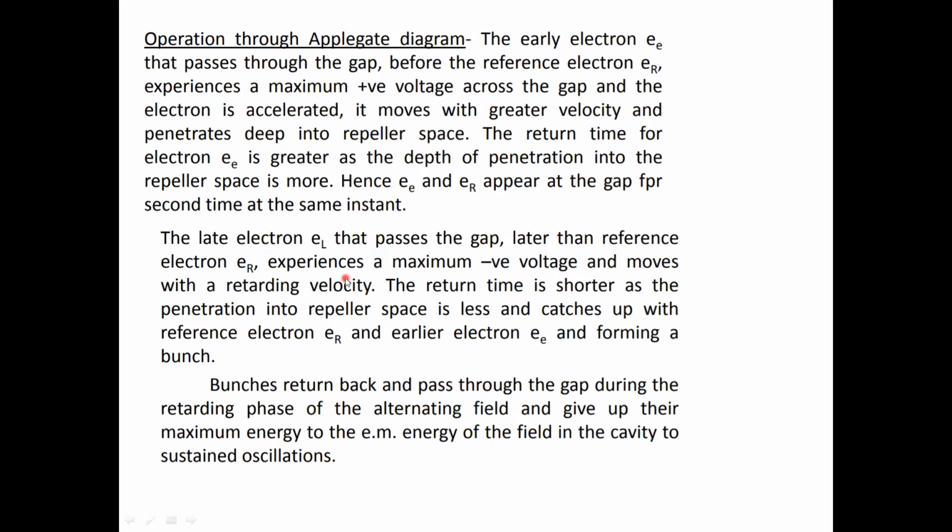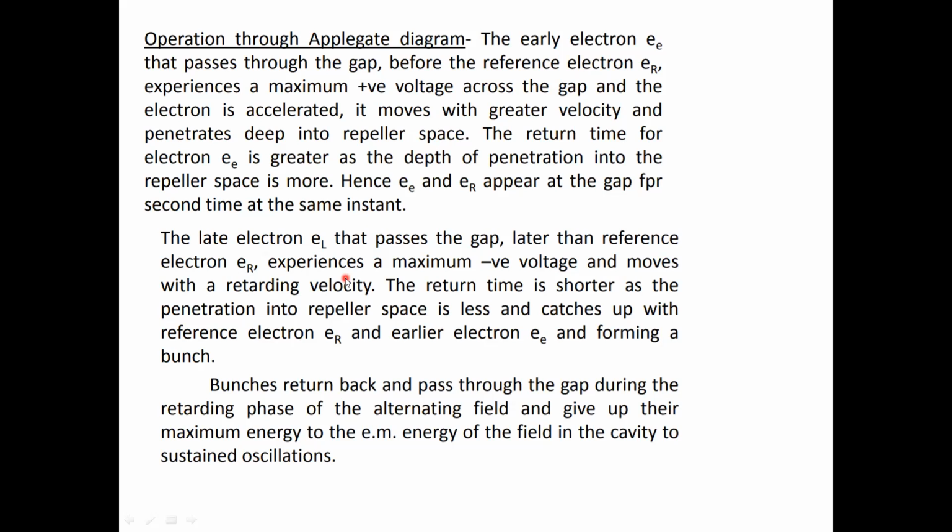Similarly, with respect to time, the late electron attains a much shorter return time and penetrates into the repeller space with very less contribution, and catches up with the reference electron to form the bunch. With this bunching process, the electrons return back and pass through this gap during the retarding time.